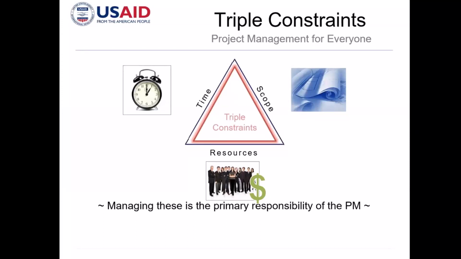So you have to make a balance out of these three major constraints. You have to watch out for the time, your schedule, the scope, the cost, and then of course, your resources. And by the way, all of these triple constraints are a primary responsibility of the PM that's assigned to it, including the project engineers.